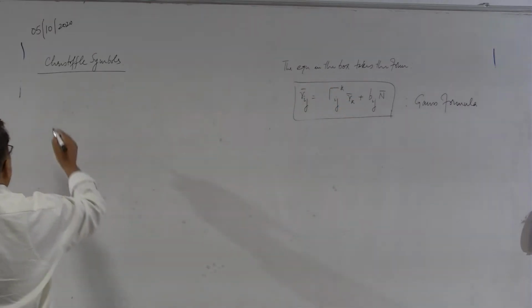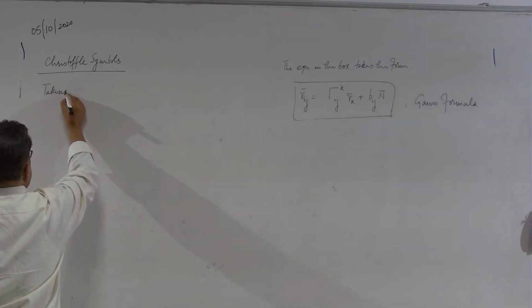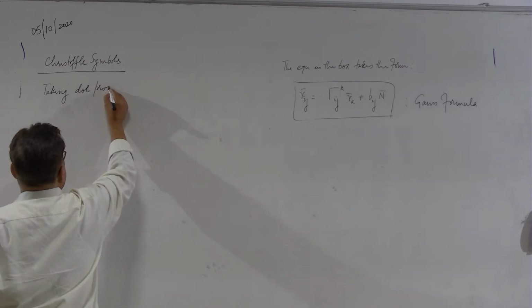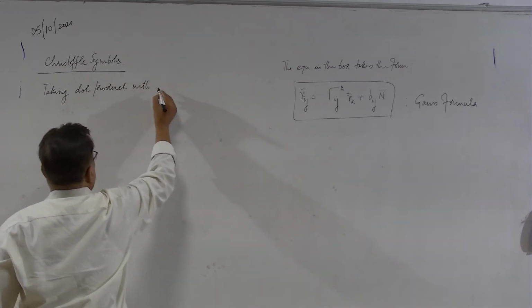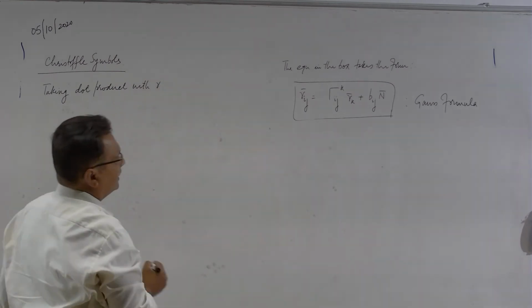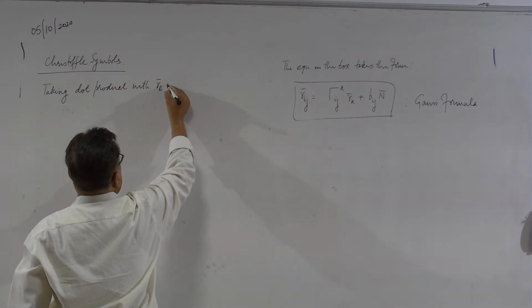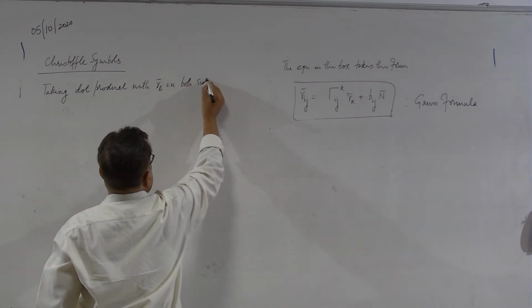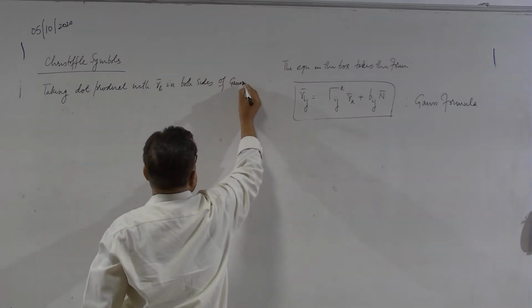So, taking dot product with r l in both sides of Gauss formula.